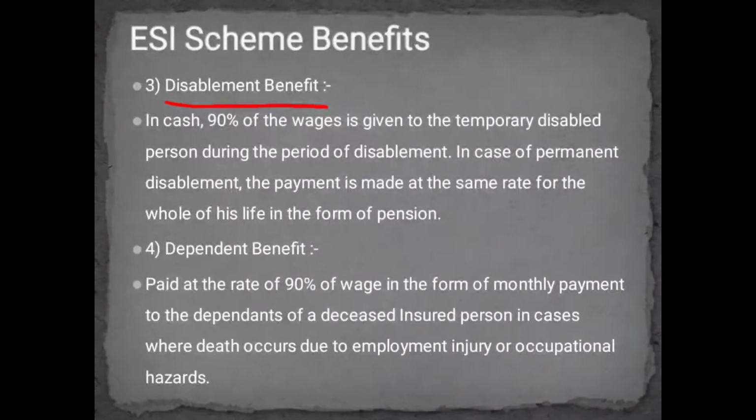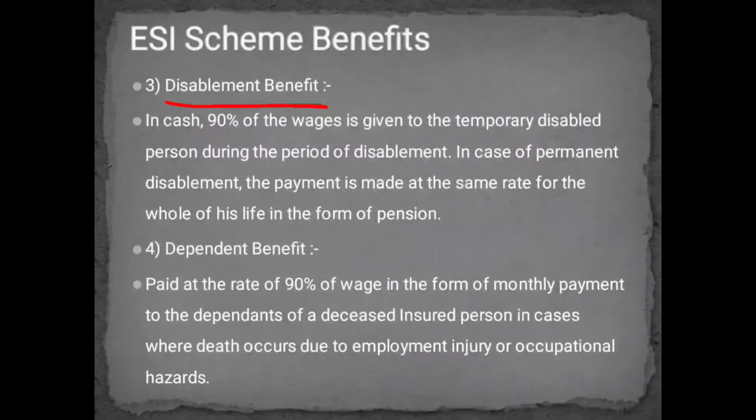See, if a worker gets disabled, handicapped, or has accidents, in such cases, 90% of the wages will be given, even in temporary disablement. And if he is permanently disabled, then the ESI company pays the pension. So this is a great benefit for the people who get accidents and are not able to work.